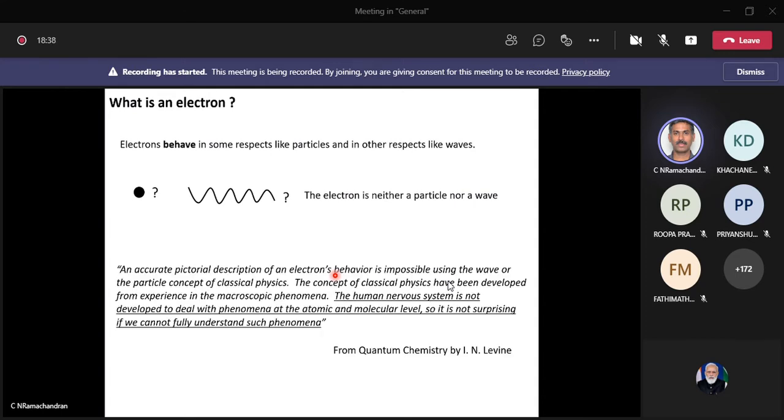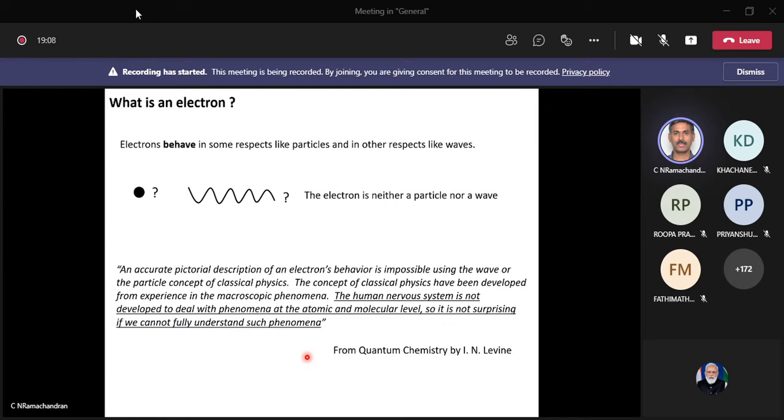But that is fine. This I took directly from Levine's quantum chemistry book: an accurate pictorial description of an electron's behavior is impossible using the wave or the particle concept of classical physics. The concepts of classical physics have been developed from experience with macroscopic phenomena.